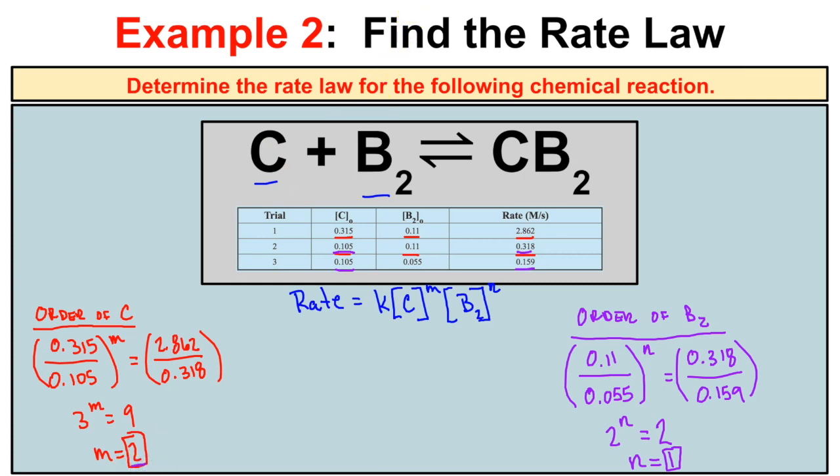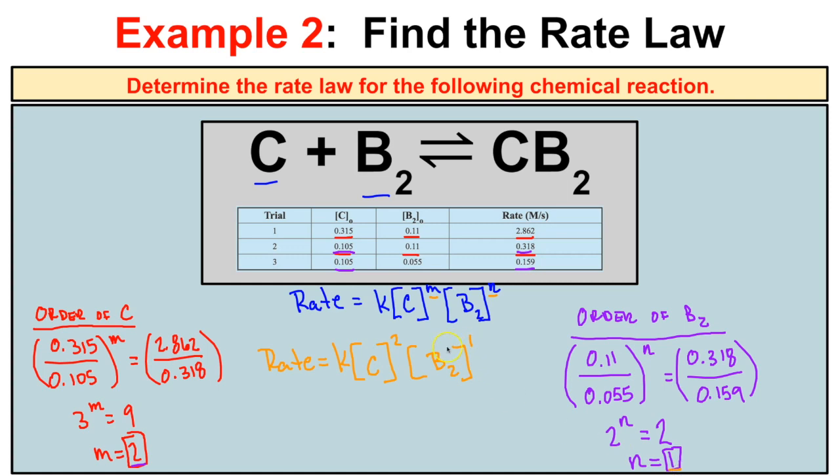And so how do we write the rate law now for this chemical reaction? Well, the rate is going to equal the rate law constant times the concentration of C raised to the M power, which is second order, so we'll put a 2 here, times the concentration of B2 raised to the N power, which is the order of reactant B2, which is a 1 right here.